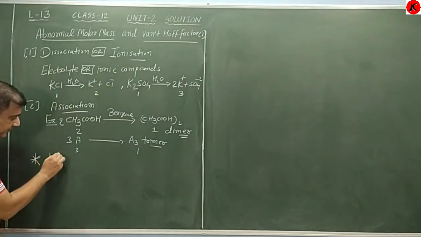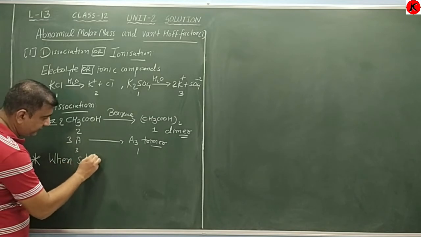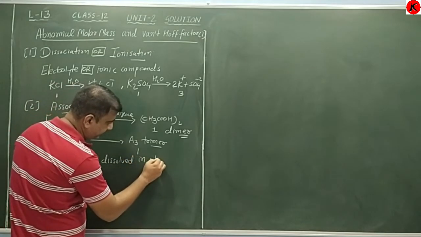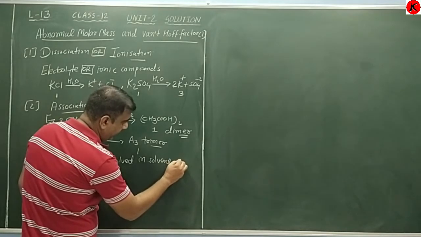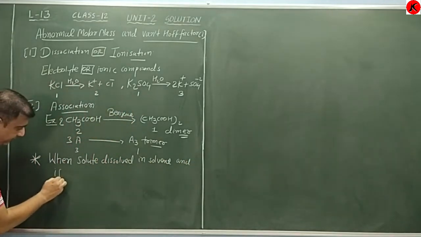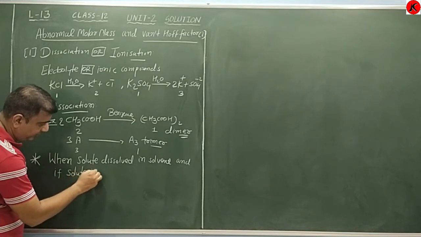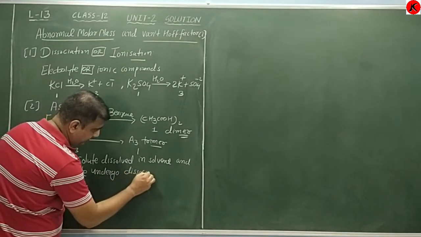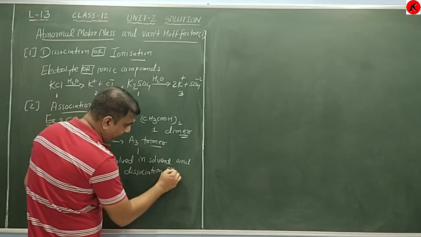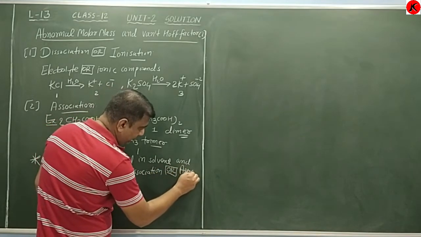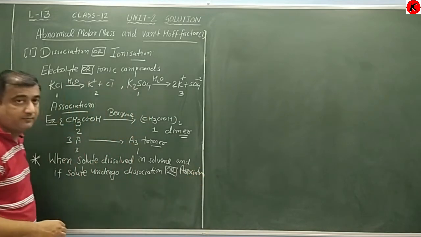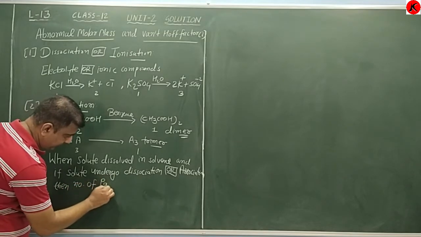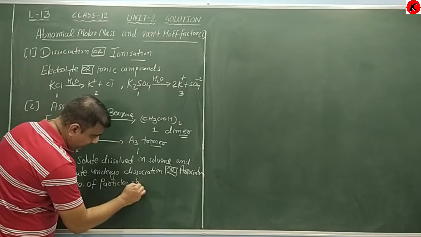That means when a solute dissolves in a solvent, and if the solute undergoes dissociation or association, then the number of particles changes.